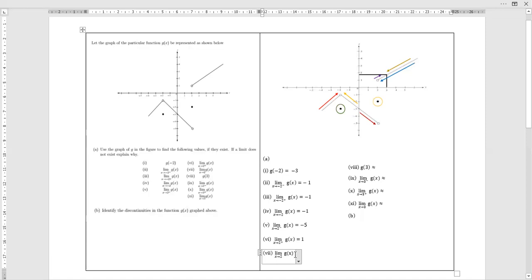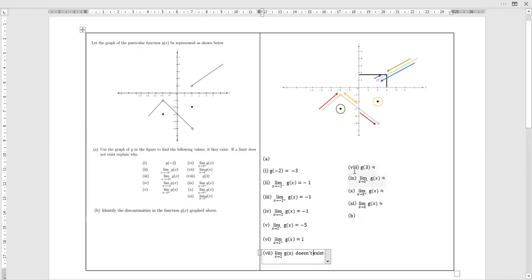The reason it does not exist is because from the left side and from the right side of 2, they are not the same. Cool, the limit does not exist there.